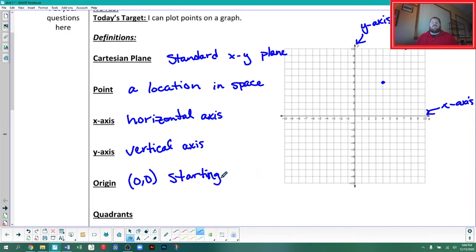The word origin does mean the point where everything kind of comes from. So it's our starting point. So right here we have the origin.